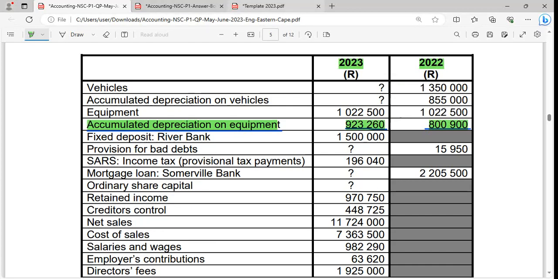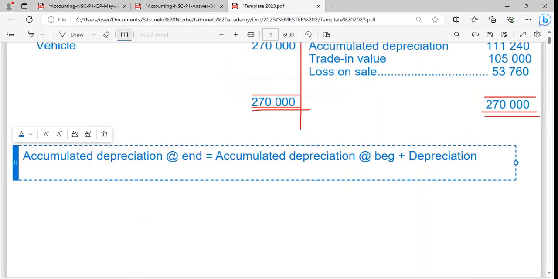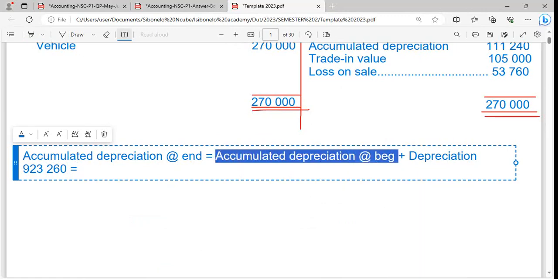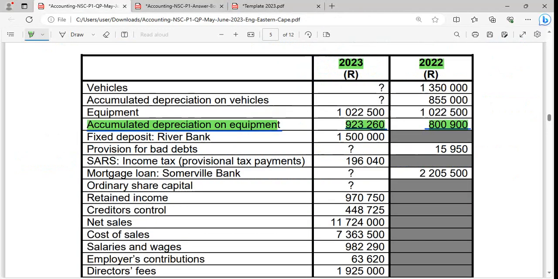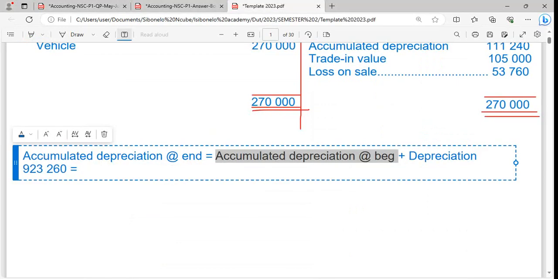So we're going to take 923 260 equals, and we are also given the accumulated depreciation at the beginning, which is 800 900. But we do not have the depreciation for the year.